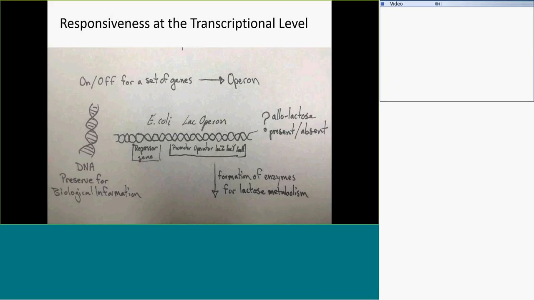And another form of responsiveness that was given to you is that of the transcriptional level. We can start by just saying, what is transcription? In your study, from DNA we go to RNA, and from RNA we can make protein. And this transition from DNA to RNA is what we call transcription. So transcription is a process of making a strand of nucleotides, a monomer, nucleotides from DNA.